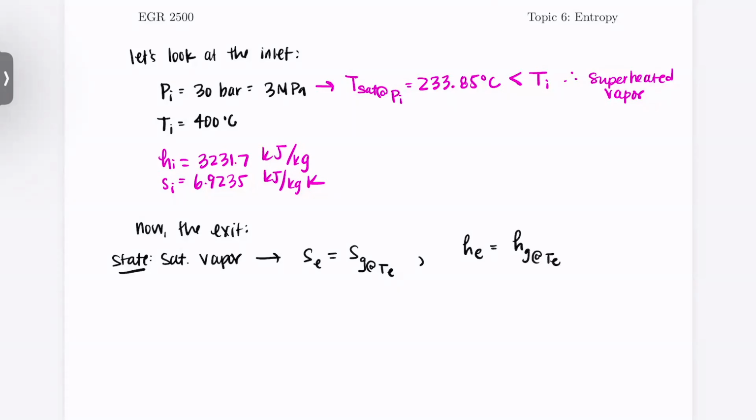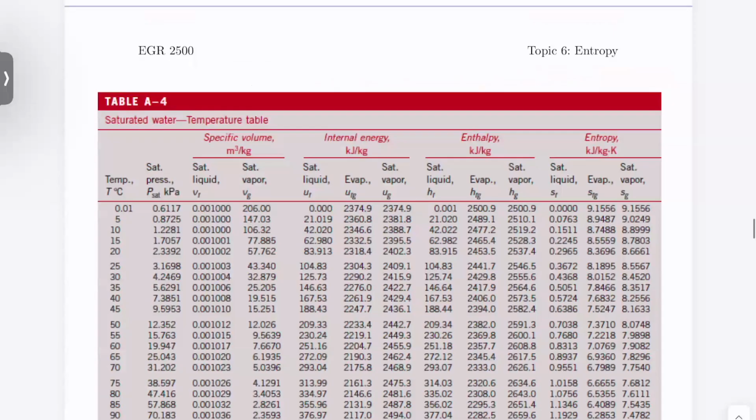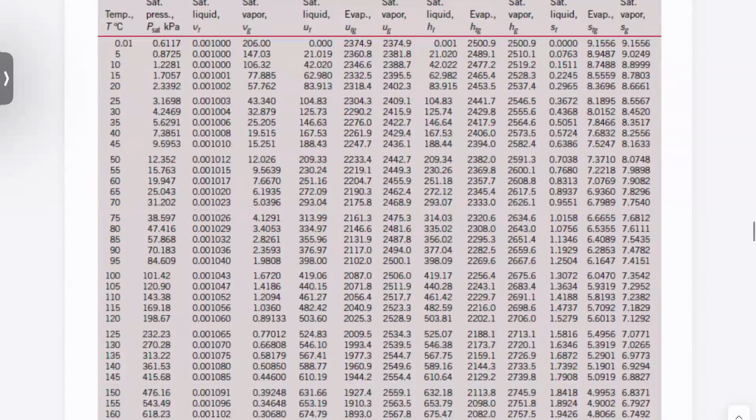That make sense? Okay, so we can go to the saturation table based on the temperature that's given to us at the exit.